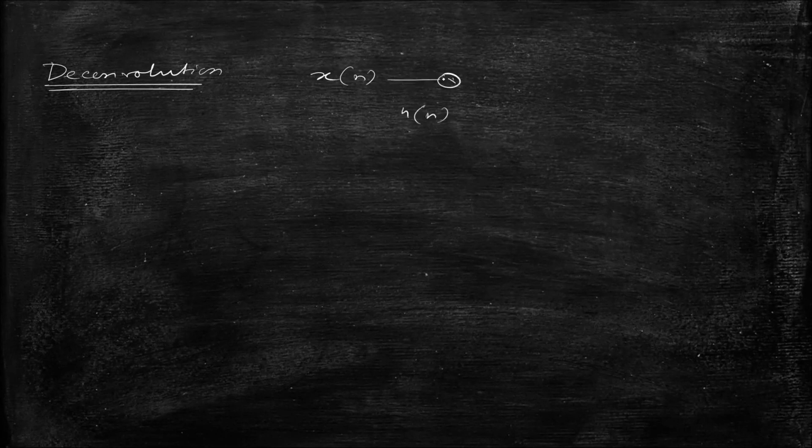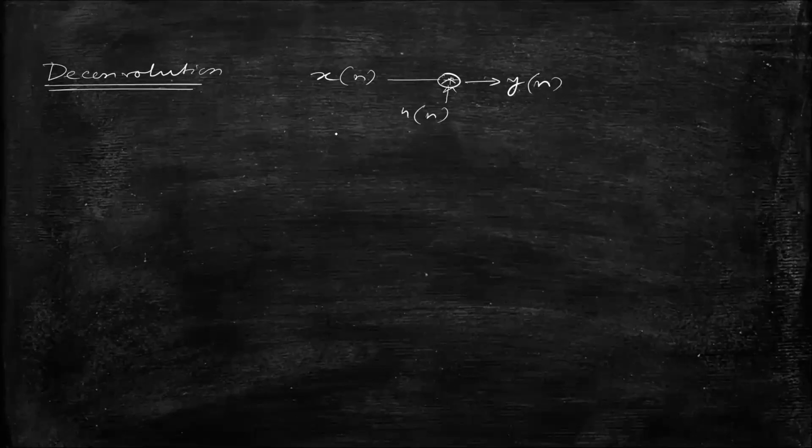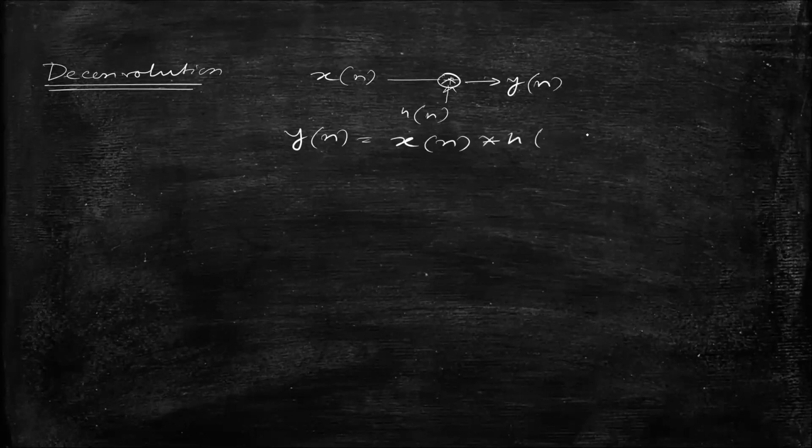So deconvolution means, in convolution there are two signals, that is x of n and h of n, and we do the convolution sum and we get y of n. So y of n will be the convolution sum of x of n and h of n. This is the convolution process.